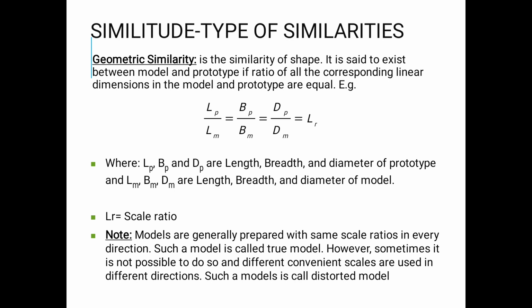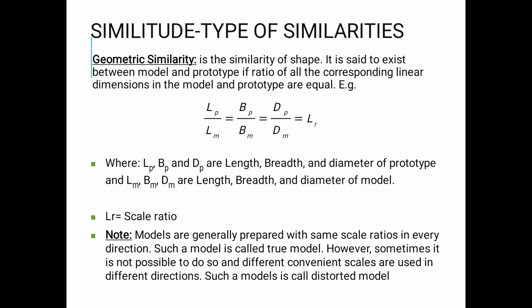That is, LP by LM is equal to BP by BM is equal to DP by DM is equal to LR, where LP, BP and DP are length, breadth and diameter of prototype, and LM, BM, DM are length, breadth and diameter of model, and LR represents the scale ratio.